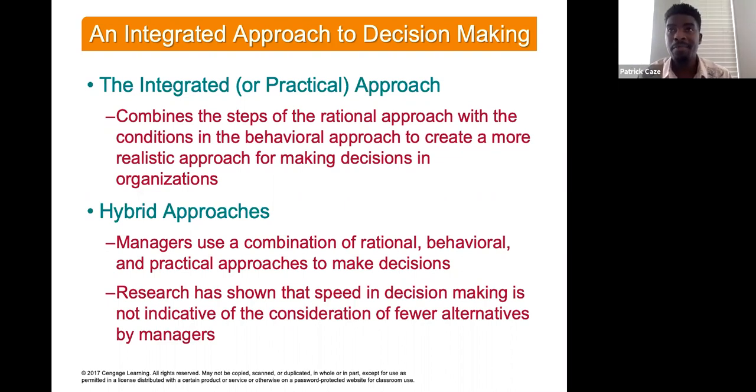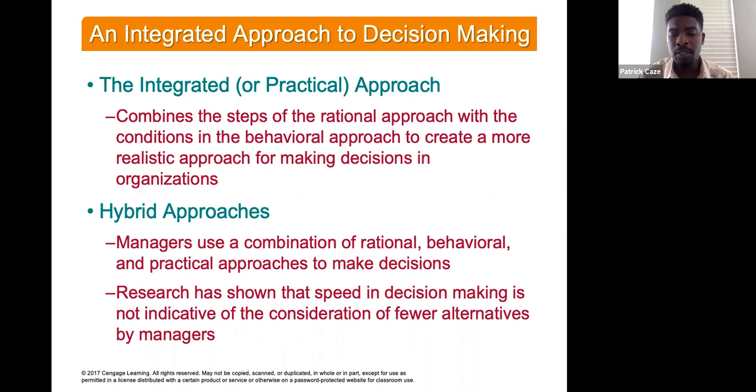What are some of the things that can impact the outcome, right? And so we have to look at that also. Hybrid approaches, just like I said, a combination of all the different approaches, and also supported by research, right?